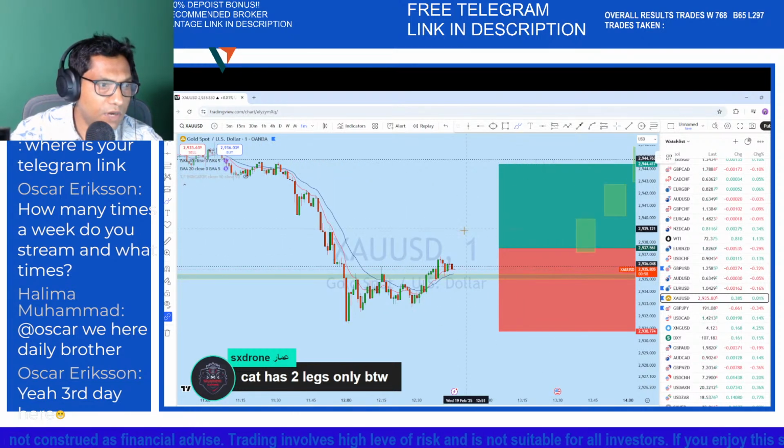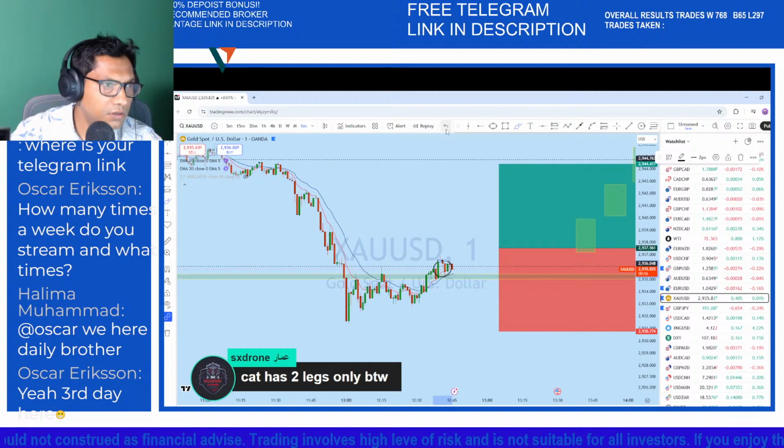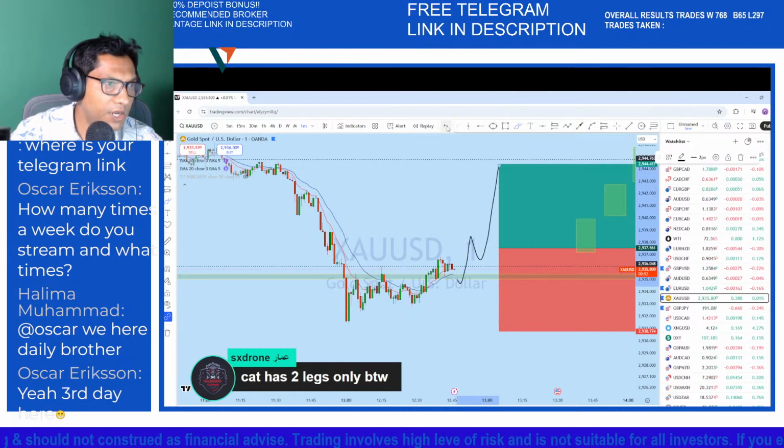So with this in mind, this is the consolidation. Want to see a break below and then a return up again.